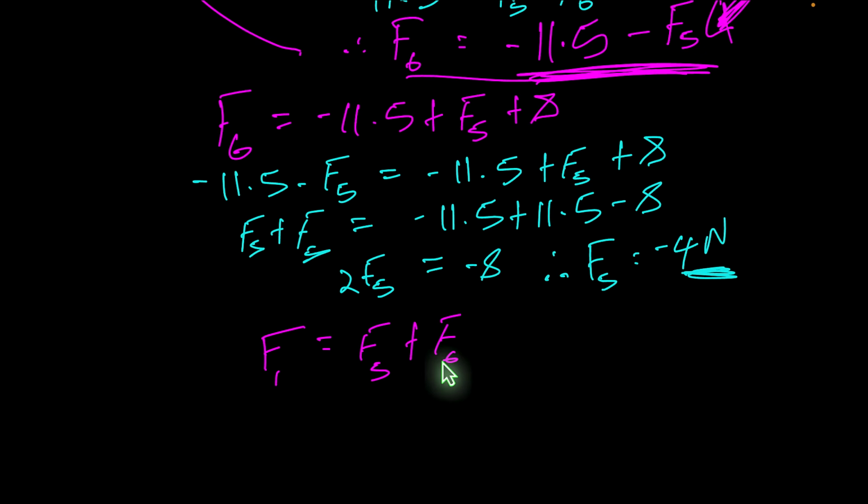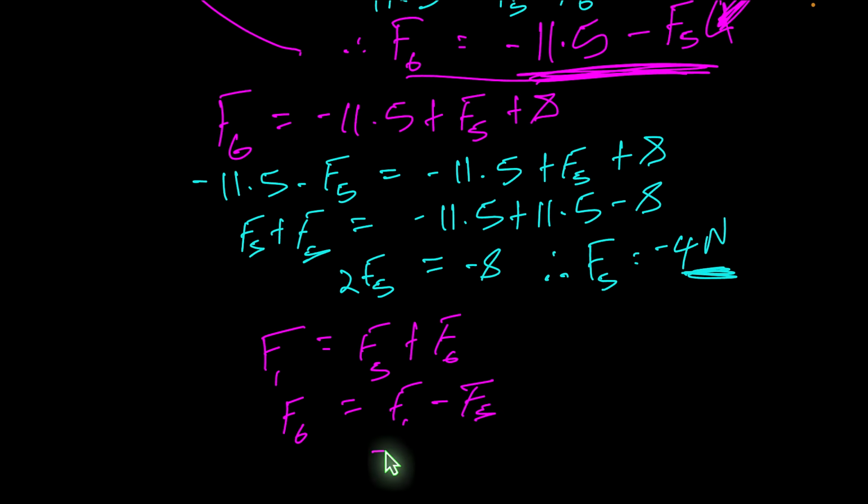And we already know what F1 is, we already know what F5 is. So let's do the substitution then. So F6 would be equal to F1 minus F5. And these are the values for F1 and F5.